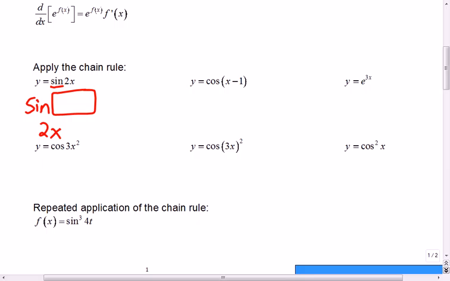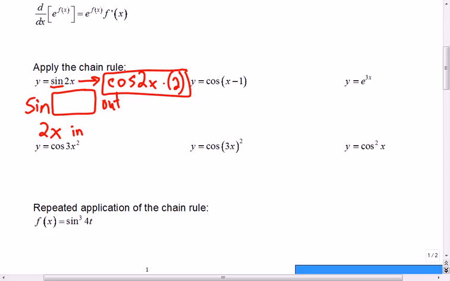Yeah, before we could take the sine, we need to know what number we're dealing with. So we'd have to do 2x first. This would be the inside function, and this would be the outside function. If I wanted to differentiate it, the derivative of the outside is going to be cosine 2x. The derivative of the inside is 2. So this would be the derivative for the first piece.